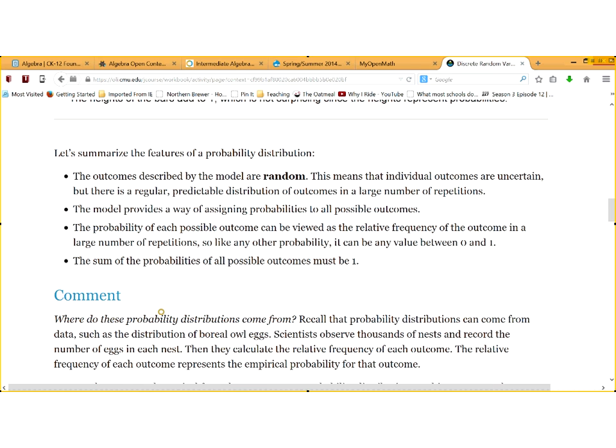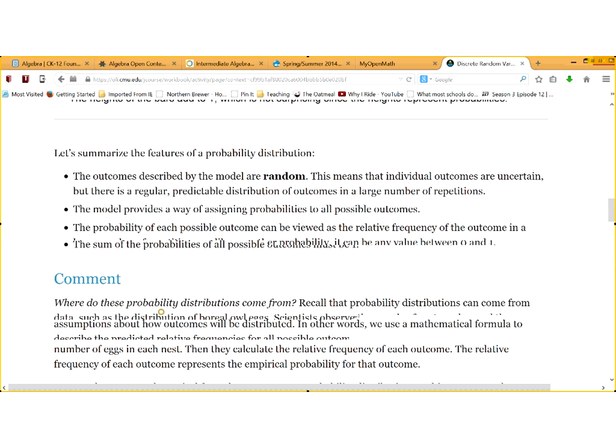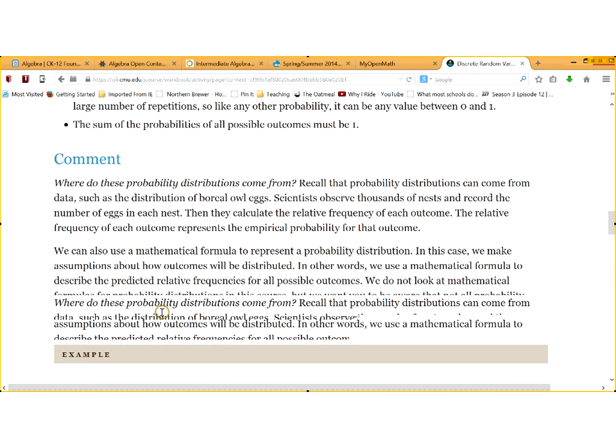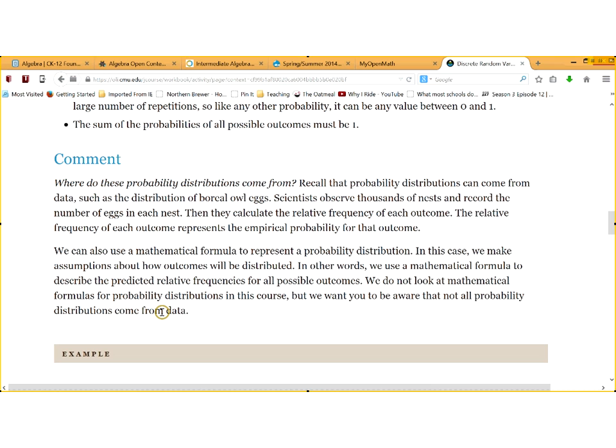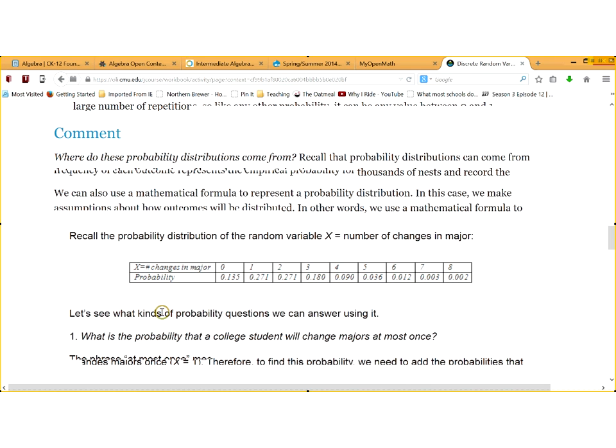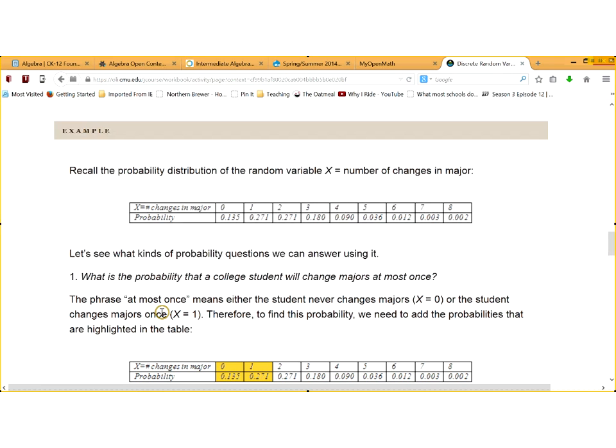The outcomes are random. We have a way to assign probabilities, and the probability is the relative frequency of the outcome, and the sum of all probabilities has to be 1. And again, they can either be theoretical or they can be empirical, based on data. So this one is based on data.